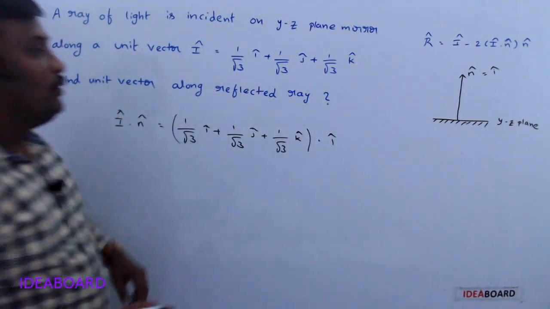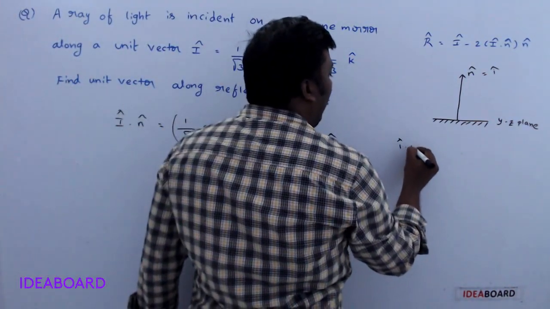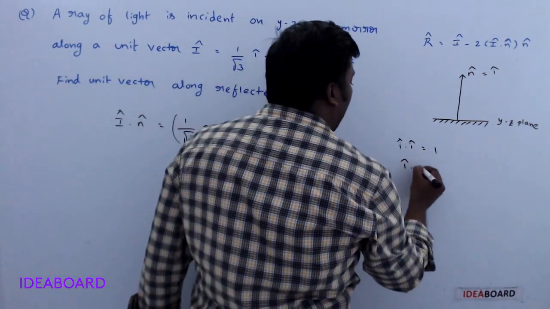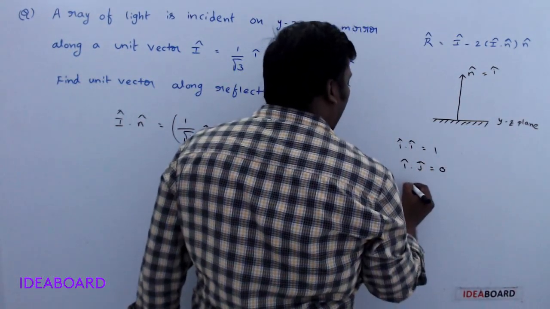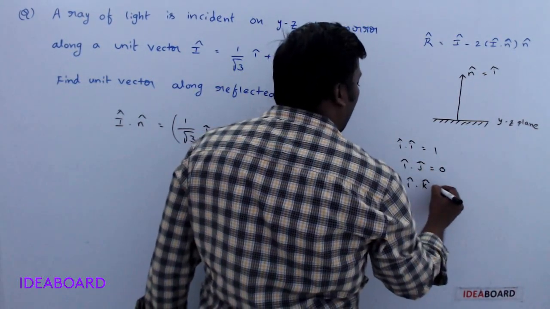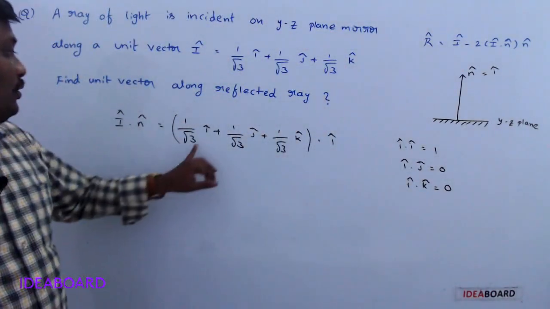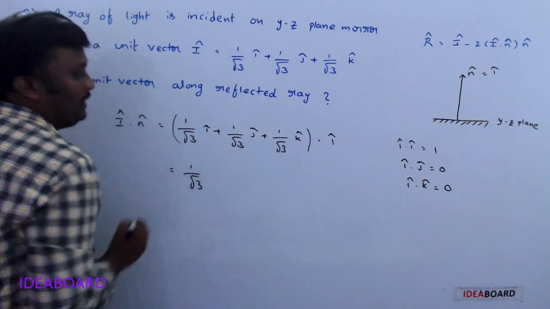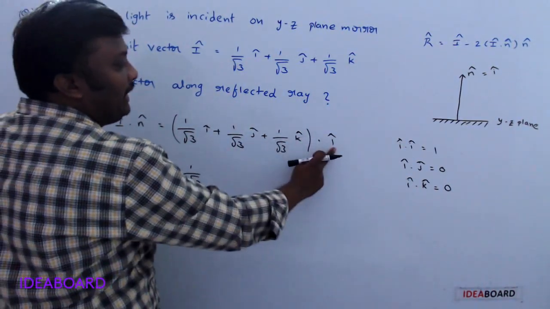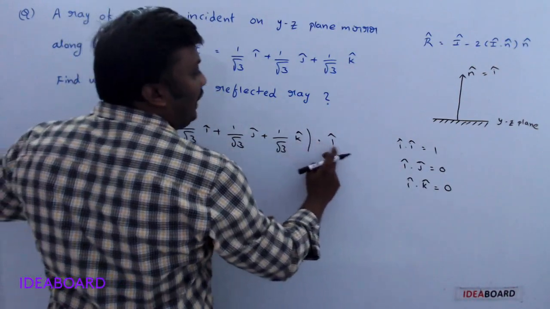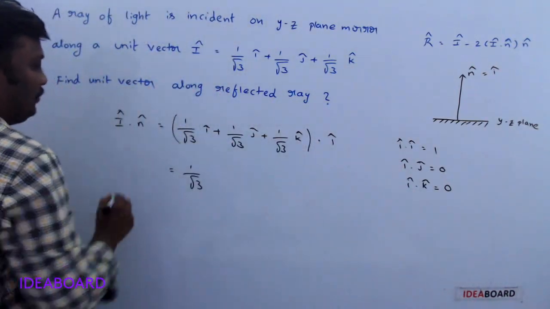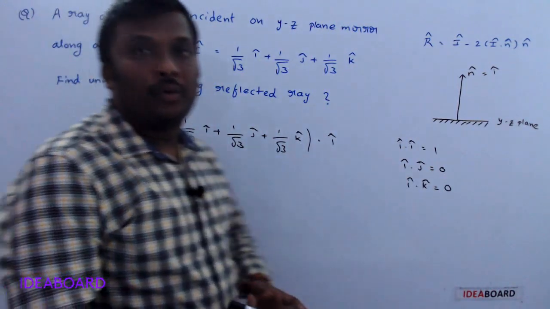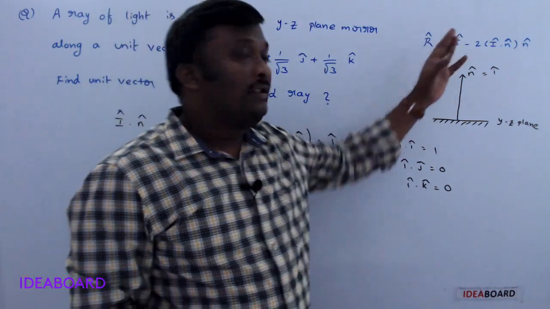We know in dot product i cap dot i cap is equal to 1, i cap dot j cap is equal to 0 and i cap dot k cap is also 0. So i cap dot i cap is 1, so the value becomes 1 by root 3. j cap dot i cap is 0, k cap dot i cap is 0, that's why these two terms are 0. So the value of i cap dot n cap is 1 by root 3.